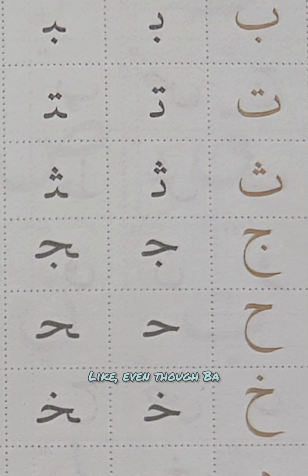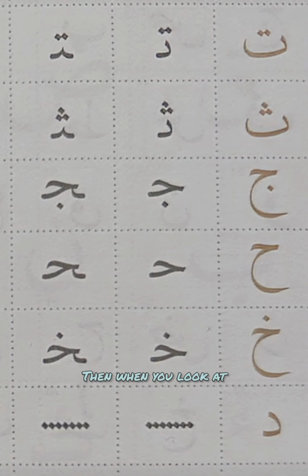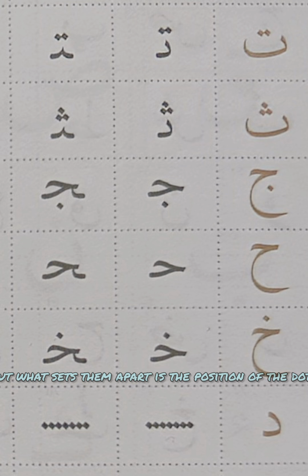Even though ba, ta, and tha have the same body, their dots are what set them apart from one another. Then the next ones, jim, ha, kho, have the same body, but what sets them apart is the position of the dots.